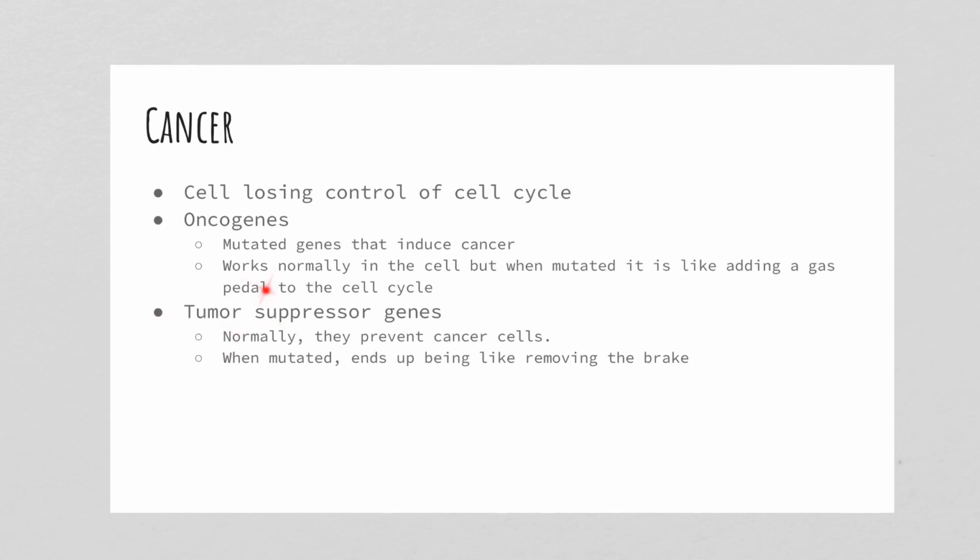But when these guys are mutated, it's like removing those brakes. So normally you have those cell cycle control checkpoints, something doesn't work, you get rid of the cell or you fix it. Well, now you've lost the brakes. It just keeps on going, keeps on going, keeps on going. So this also can cause cancer in that sense. Of course, if you have these two together, that can cause a really aggressive cancer overall.